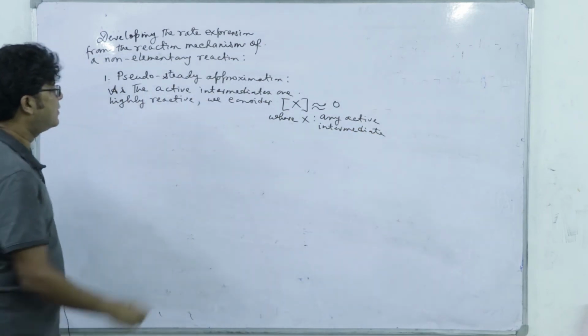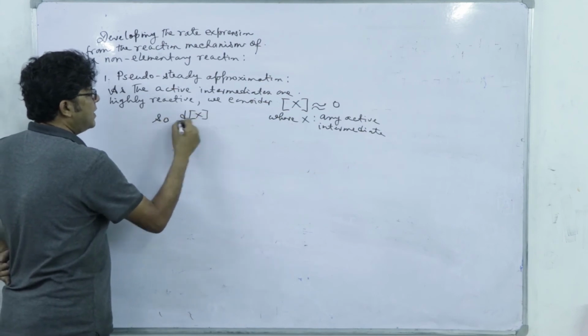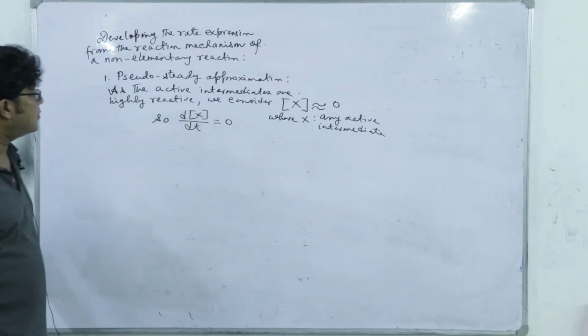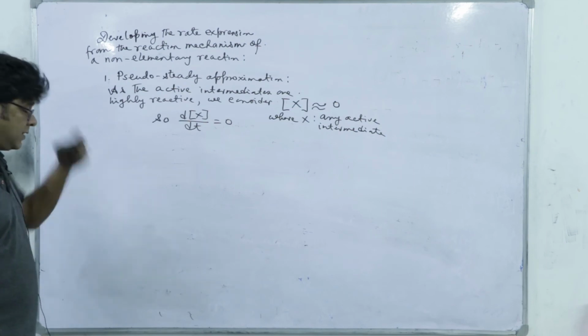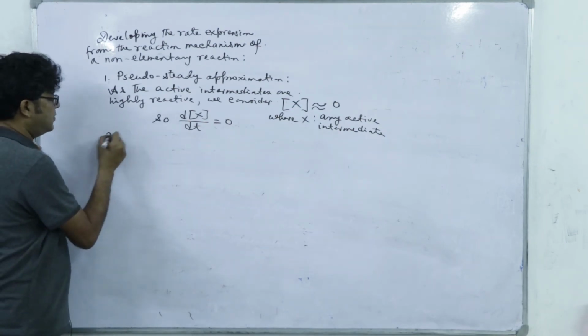So, dx dt, its rate of change of concentration with time, we consider it to be 0. So, its rate of formation or rate of dissipation of all active intermediate must be 0. So, that is the pseudo-steady approximation.